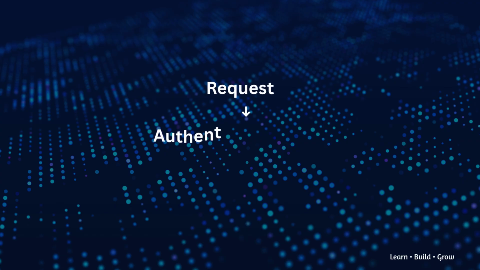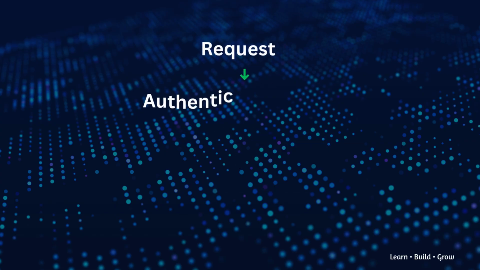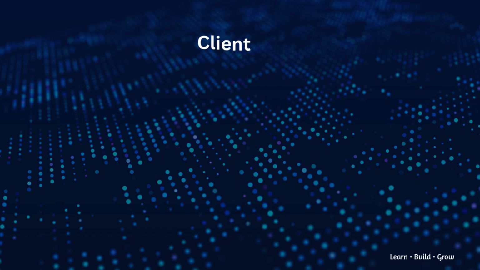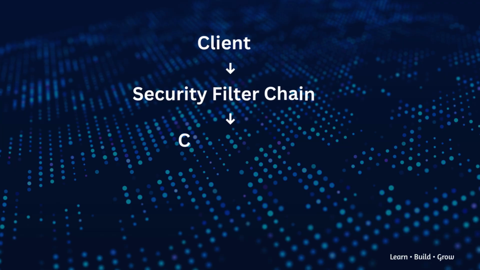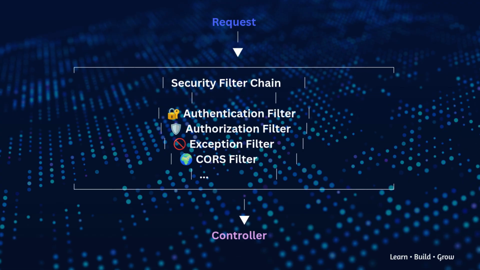If any filter decides the request is invalid, the request is stopped immediately. Only when all required checks pass does the request reach your application code. The most important thing to remember is that Spring Security performs its checks inside the security filter chain before your controller ever executes. Spring Security has many filters.